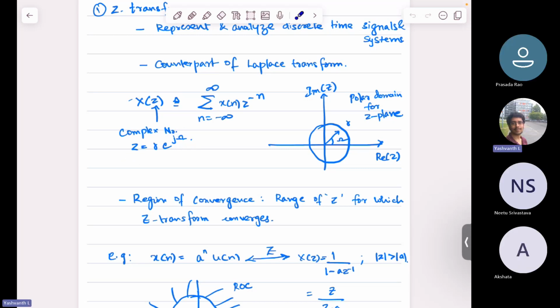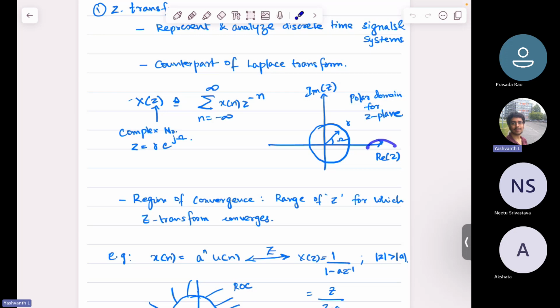Similar to the Laplace domain, you can visualize the Z transform to have its own domain, called the Z domain, or the Z plane, where on the x-axis you have the real part of the complex number Z, and on the y-axis the imaginary part of Z. Although real and imaginary parts form the two axes of the Z domain, the most popular way to describe your Z plane is through the polar domain.